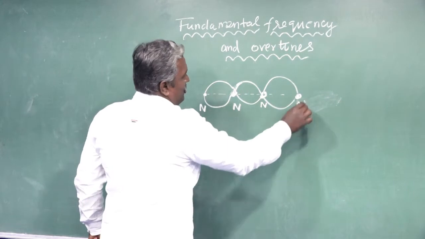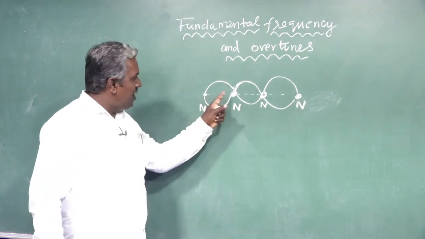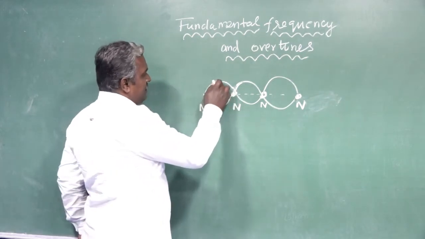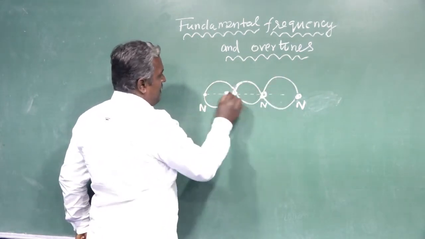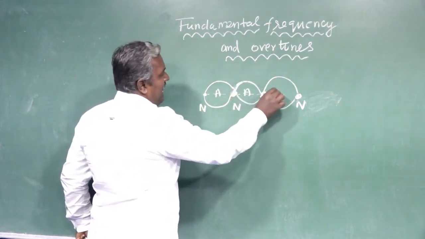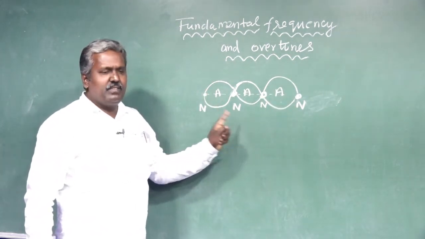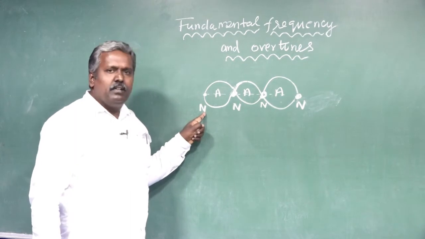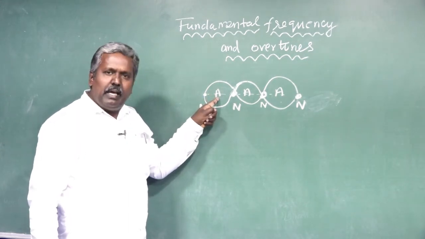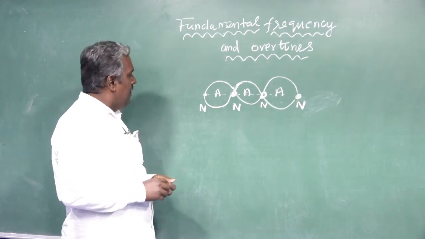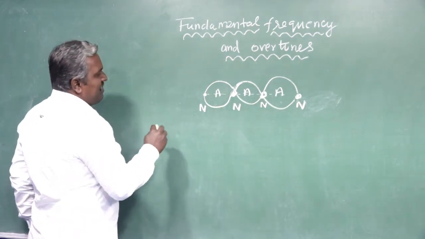These points are called nodes. At the same time, the gaps, these points are called antinodes. This is about standing waves. N represents nodes, and this is antinodes.